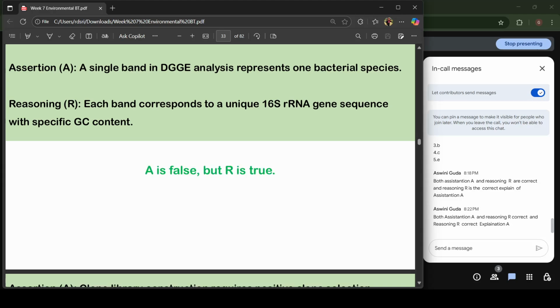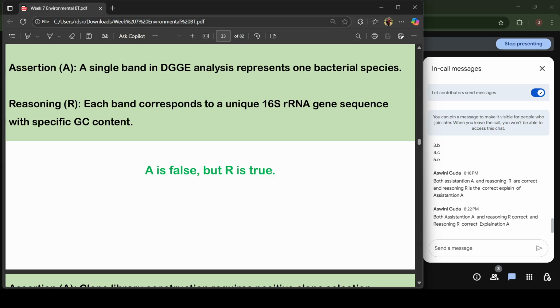Okay, so here, the assertion is a little bit confusing, and it is false. It is not true. A single band in a DGGE analysis representing one bacterial species is false.